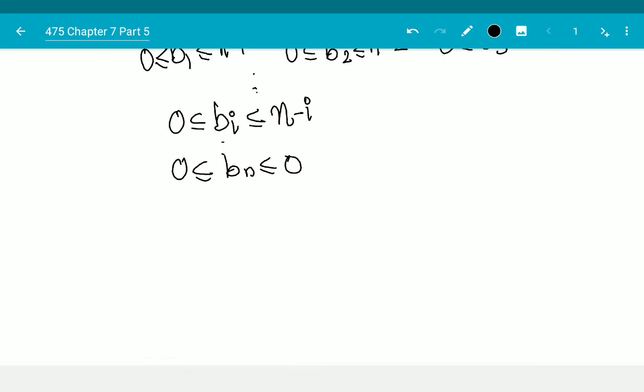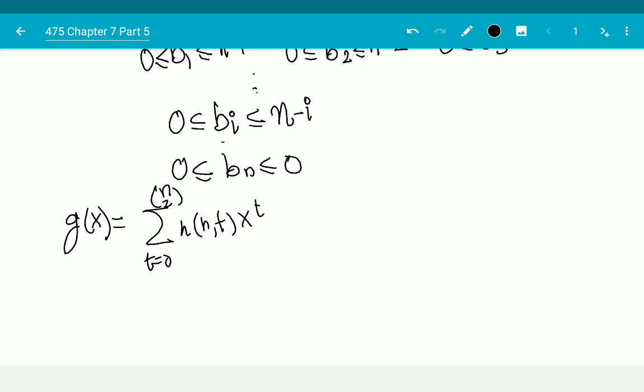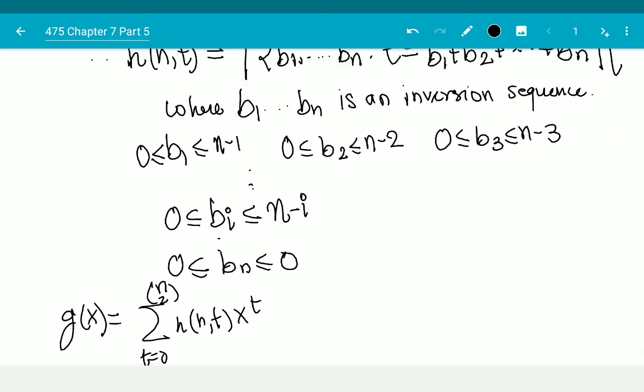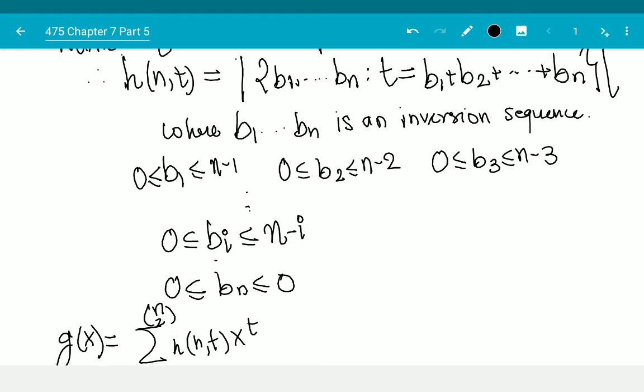And so basically, I am trying to find g of x is equal to summation t is equal to 0 to n choose 2 of h of n comma t x to the t. This is going to be the sum of these bi's which give you exactly t.